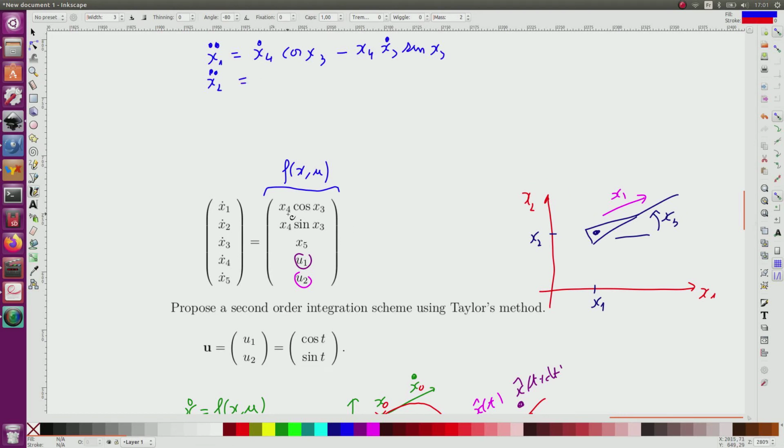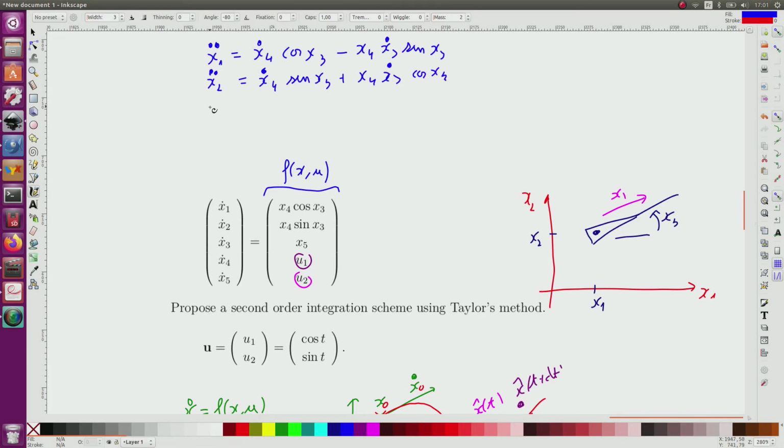Here I will have x dot 4 sine of x3 plus x4 x dot 3 cos of x3.